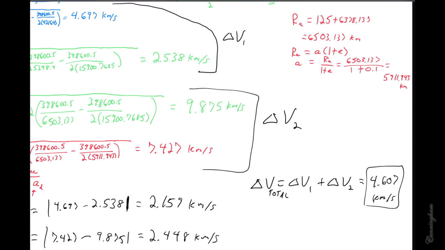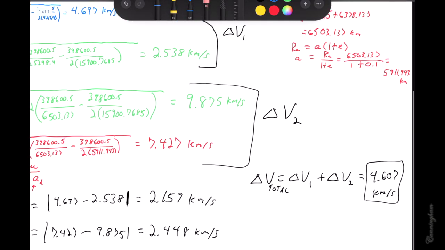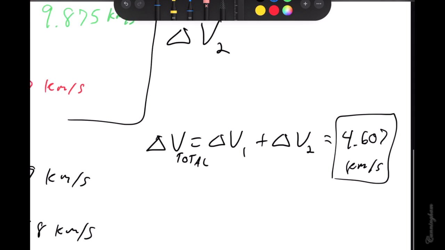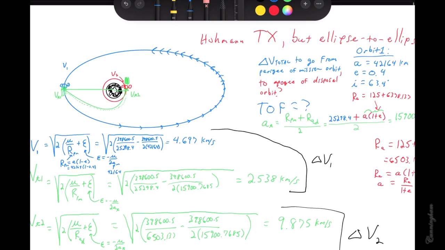Ta-da! Okay, sweet. Now, there was one more thing it asked for, and that was time of flight. So let's address that right quick. I'll zoom in here and try and fit it all in one place. You guys have the period equation, because that's the time it takes for one full orbit. But when I'm asking about time of flight for a Hohmann transfer, I'm saying how much time do we spend in the green orbit?